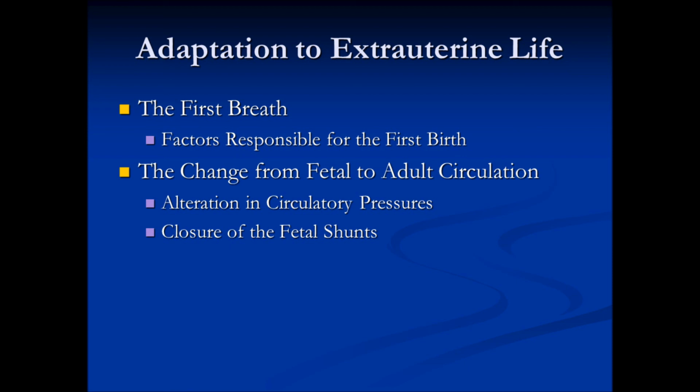So first, the actual inflation of the lungs, which results in the establishment of FRC, reduces the surrounding pressure on the pulmonary vasculature. Second, the increase in PaO2 causes the pulmonary smooth musculature to relax from its constricted state.